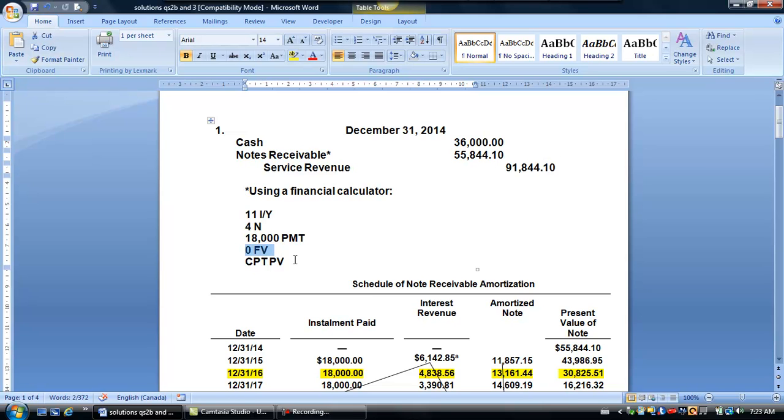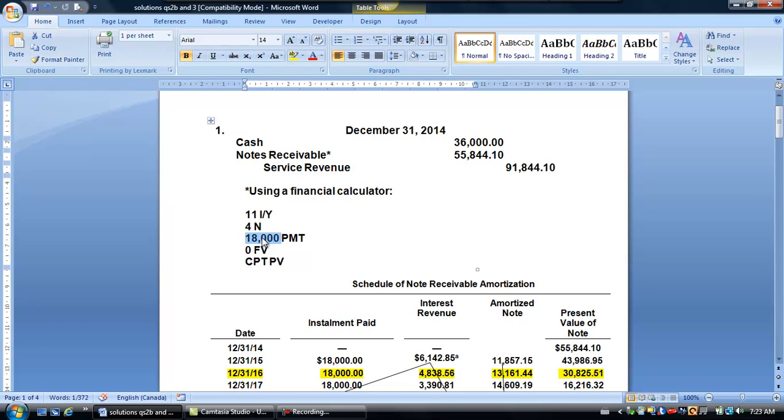Because with an installment note, the $18,000 payment includes not just interest, but also repayment of the note. So when we do the amortization schedule, we will find that the value of the note receivable is decreasing with every payment of $18,000 that we receive, because the payment is blended, meaning that it includes interest as well as some principal being paid down on the note.